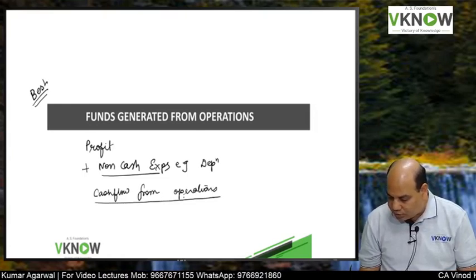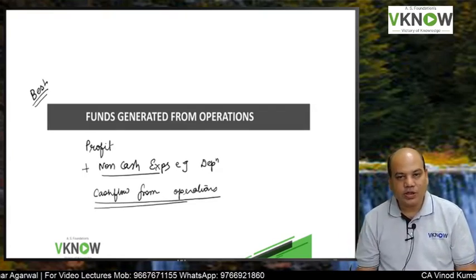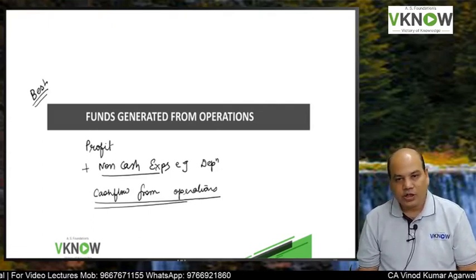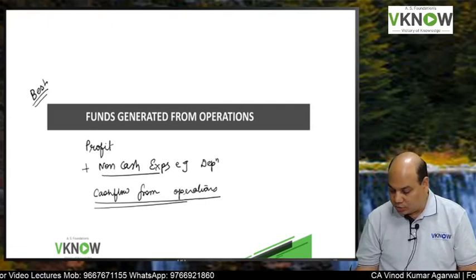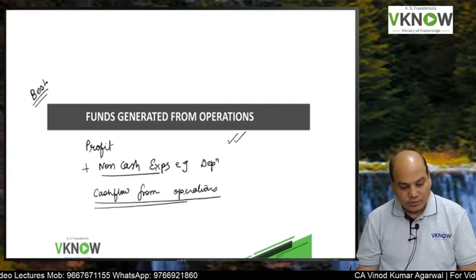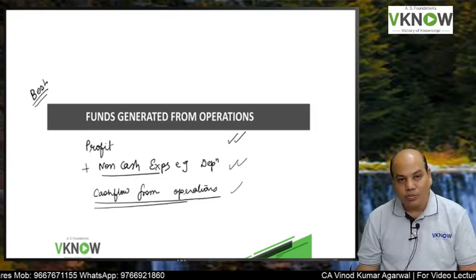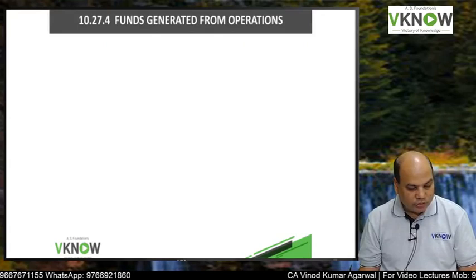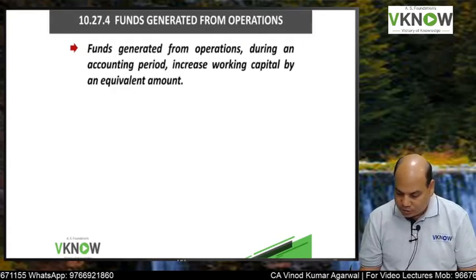And we have discussed one question also in some other chapter. So that is called fund generated from operations. Only companies which have good profit can generate enough cash internally to meet your working capital requirements also.